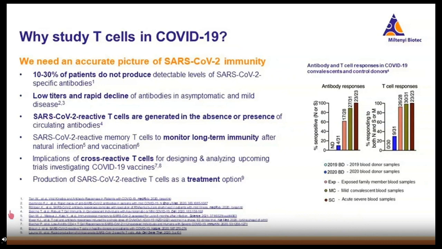So these are T cells that were originally generated against other coronaviruses, for example, for the design and analysis of all the upcoming trials that investigate COVID-19 vaccines. And last but not least, SARS-CoV-2 reactive T cells can also be generated and used as a treatment option, for example, in passive immunization. And down here on the bottom, you can also click on these selected references that I picked here.